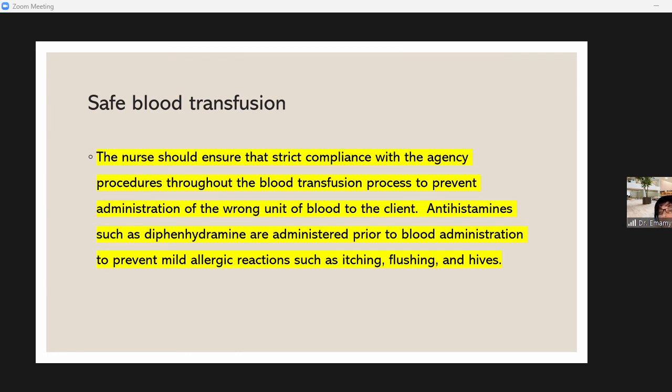You should hold the transfusion, stop the transfusion, give your patient an antihistamine and inform the healthcare provider.